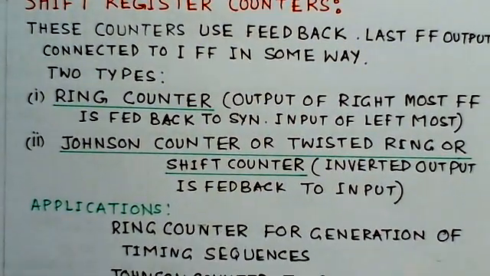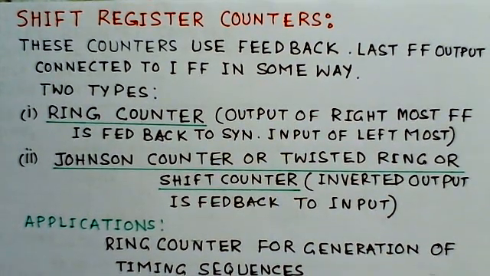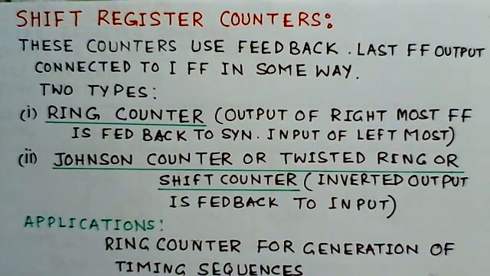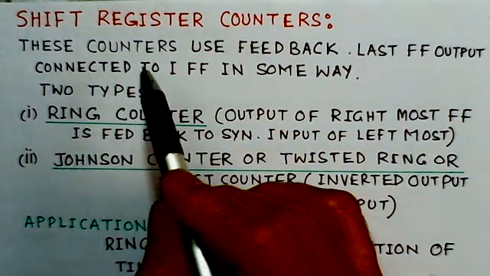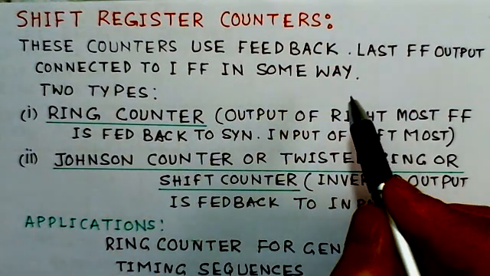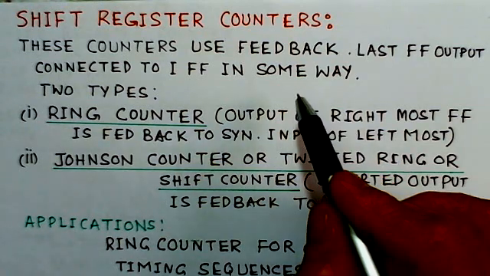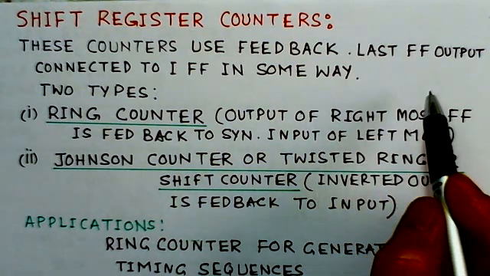Okay, now shift register counters. Now they are very important components. Like you can have a counter using the shift registers, and these shift counters or shift register counters are of feedback type.